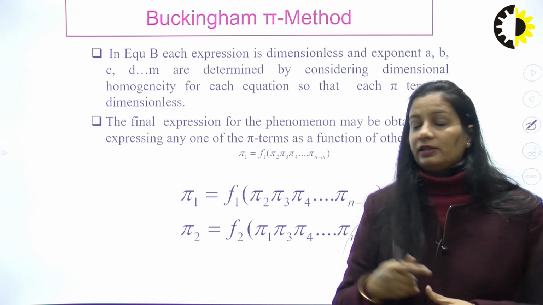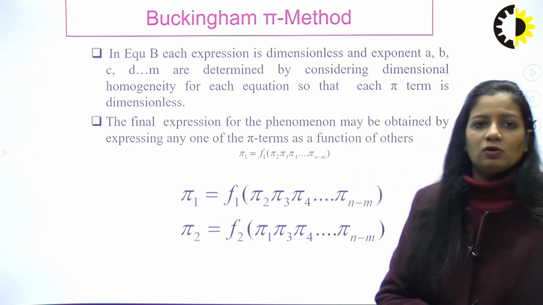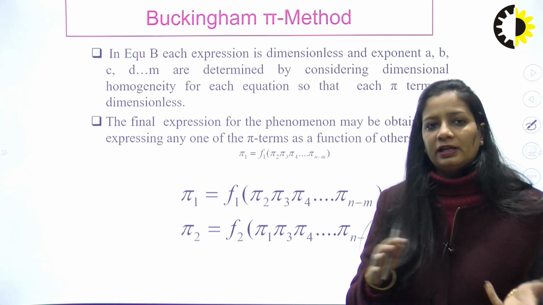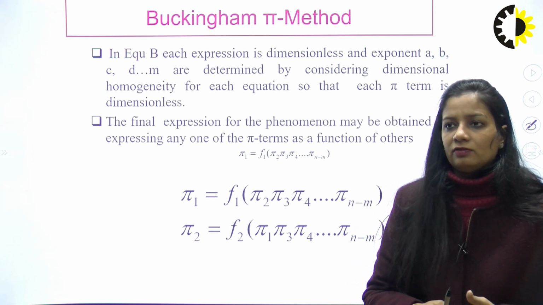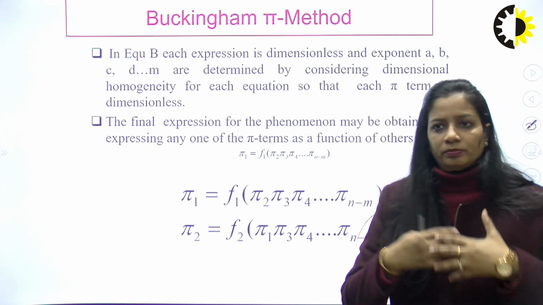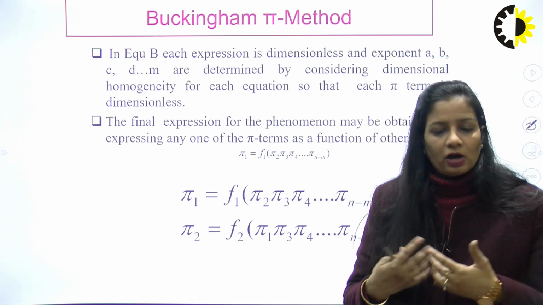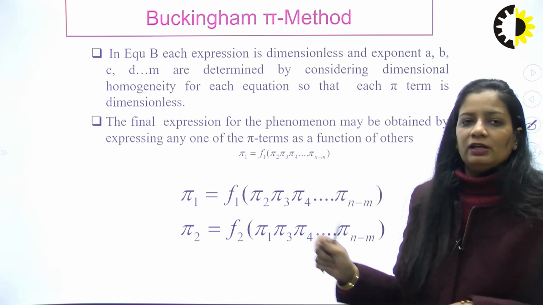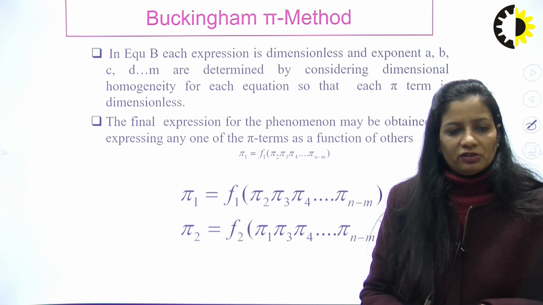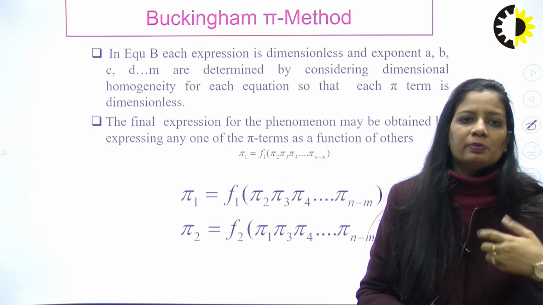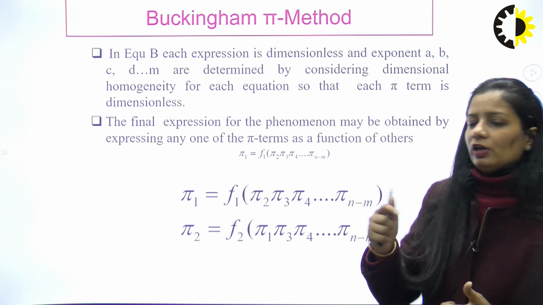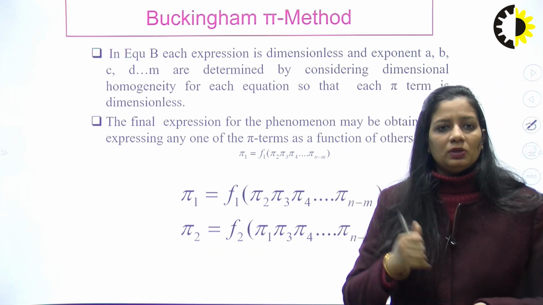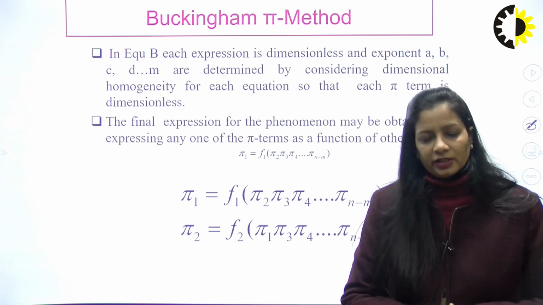We have learned that there are different methods, how they can be differentiated, and which number of variables can be involved and how that can be solved. There are two methods. We have done the introduction of the Buckingham Pi theorem, and the introduction plus numericals of the Rayleigh method. We are going to continue this topic in the next lecture. Thank you. Jai Hind everyone.